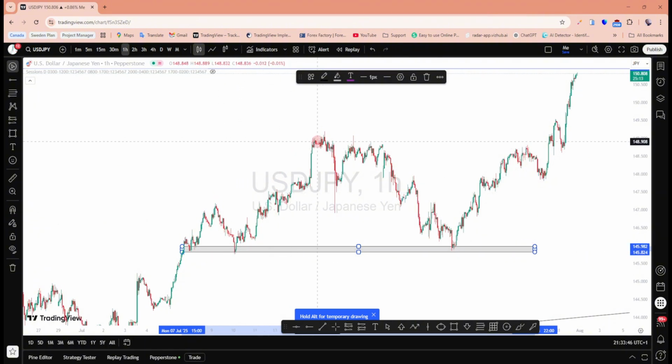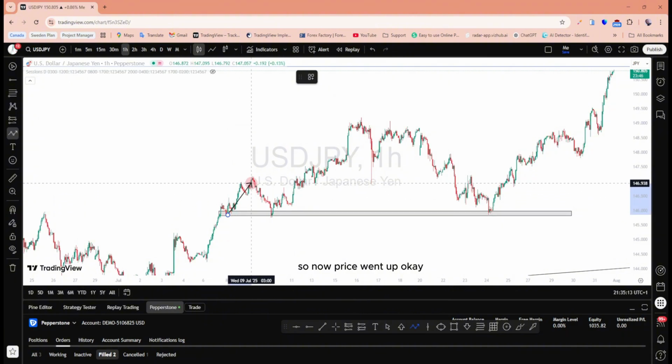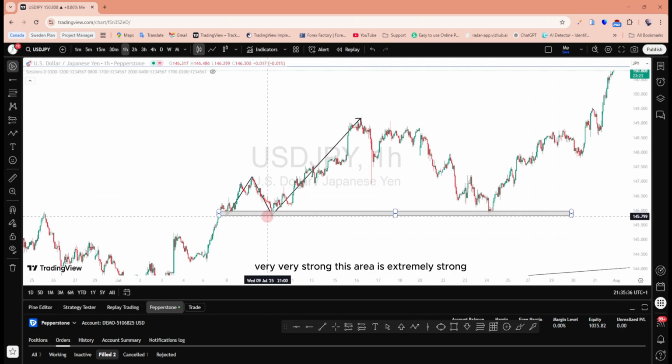Now as this market was selling, price was going to buy if it comes back into this area. So price went up and created this high. When price was coming back down, price tested this area and gave us this. This is a clear insight to tell you that this area is very strong. This area is extremely strong.